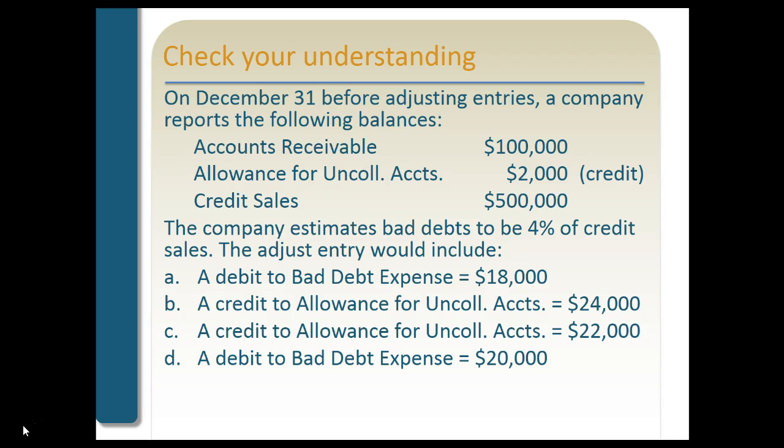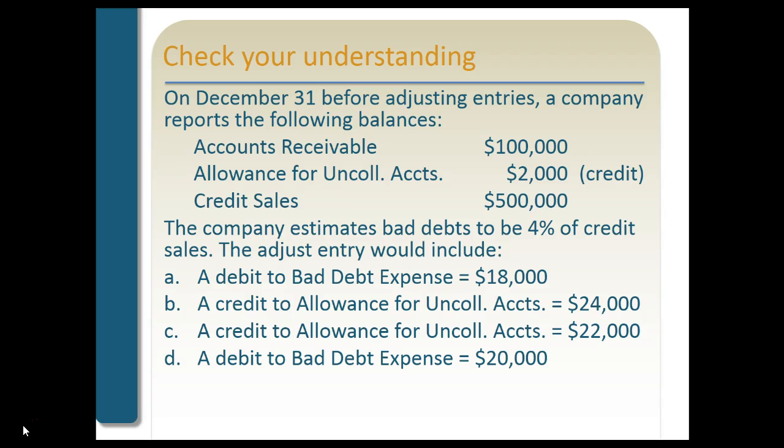The adjusting entry would include A, a debit to bad debt expense of $18,000, B, a credit to allowance for uncollectible accounts for $24,000, C, a credit to allowance for uncollectible accounts for $22,000, D, a debit to bad debt expense for $20,000.